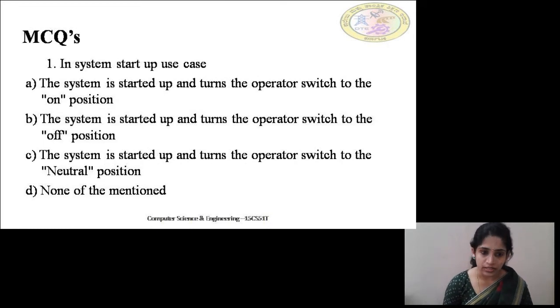With these concepts, we'll assume that we all have sufficient knowledge about use cases, use case terms, and different use cases, and how we can write different use cases for different applications.